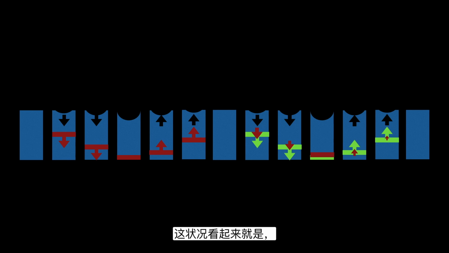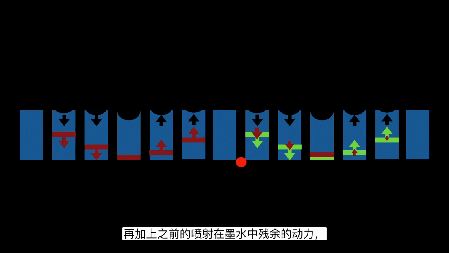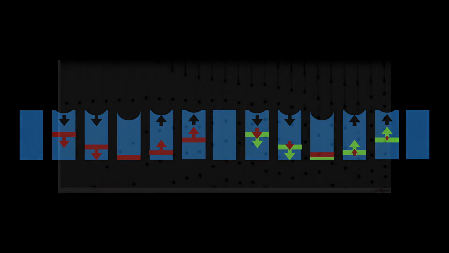What this looks like is the drops are actually going to be even faster than normal because you've got the momentum of the wall plus the momentum of the ink plus the residual momentum of the ink from the firing before. So all of these things added together yields extra strong jetting.